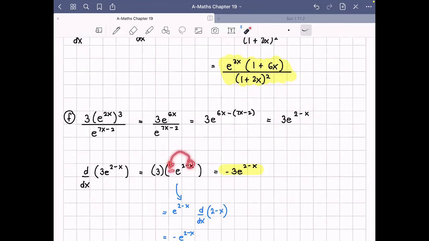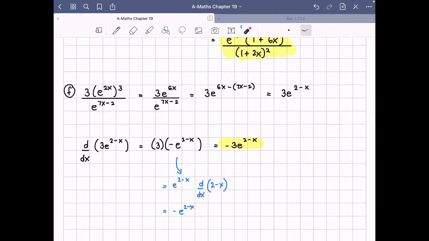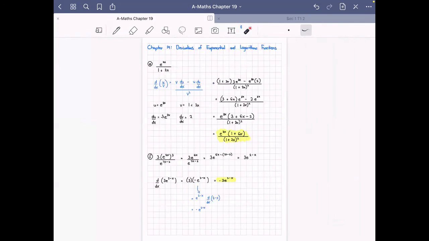That's why you have a negative sign here, or maybe negative 1 if you want to write 1. And then simplifying this, your answer is negative 3 times e raised to 2 minus x. So that is letter F. Okay, so do you guys have any other questions regarding the derivatives of exponential functions?